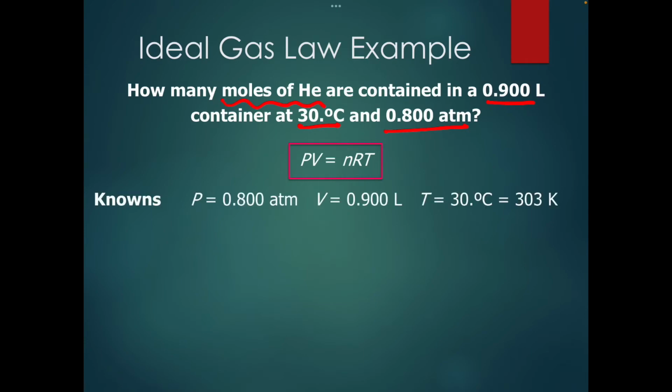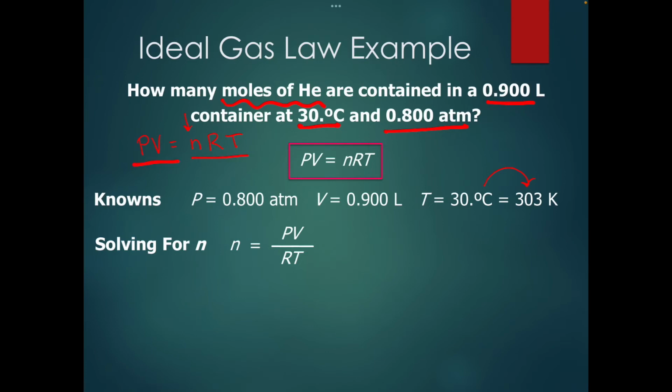All right, let's go ahead and solve this. The first thing I always like to do is figure out what my variables are. So I know my pressure, my volume, and my temperature, and again, I must convert temperature to Kelvin, just like usual. When we are doing these problems, we also need to rearrange the equation just like we've done before. So if we have PV equals nRT, the nice thing here is we don't need to cross multiply because there's nothing in the denominator. So we just need to get n by itself.